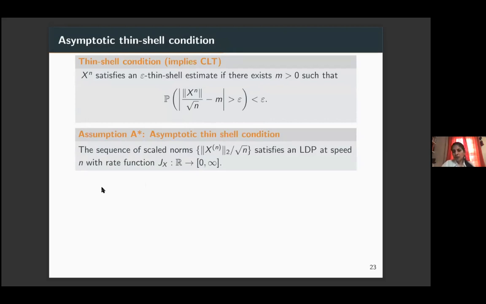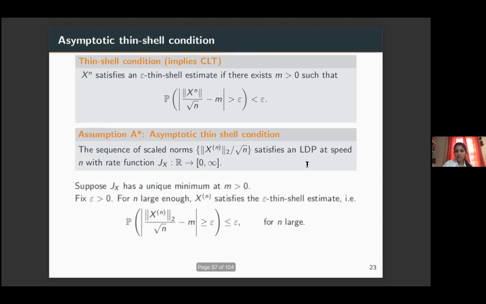And what we developed, as a particular case of our theorem with Kim and Yin-Ting Liao, is that if the sequence of scaled norms, here I have been explicit about it being a 2 norm, satisfies a large deviation principle at speed n with some rate function, and if the rate function has a unique minimum, then you can show that it will also satisfy a thin shell estimate. Okay, so we said that if we have a thin shell condition, we have CLT or Gaussian projections, Gaussian marginals.